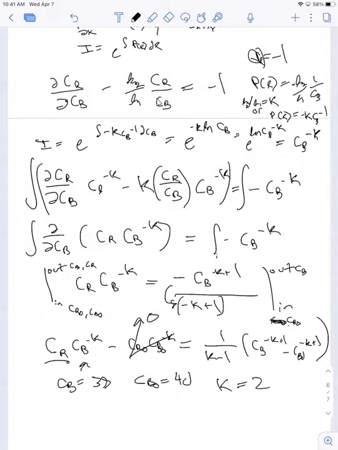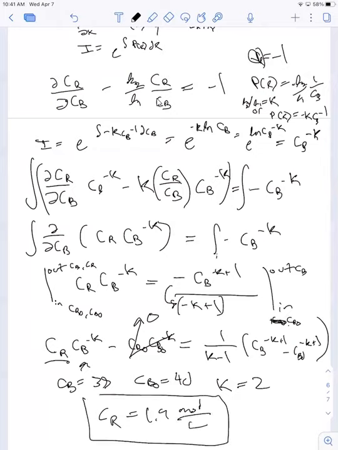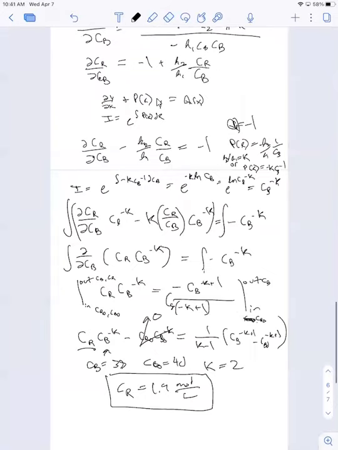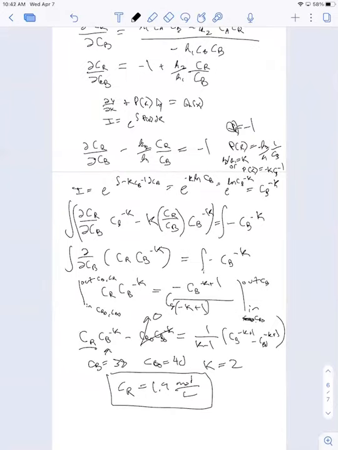So if we plug those into this equation and solve for CR, we get CR equals 1.9 moles per liter. All right, and that's the last part of the problem. So I hope you guys were able to follow that.